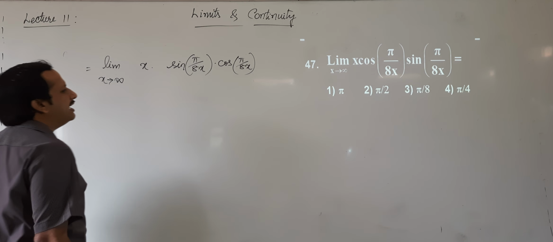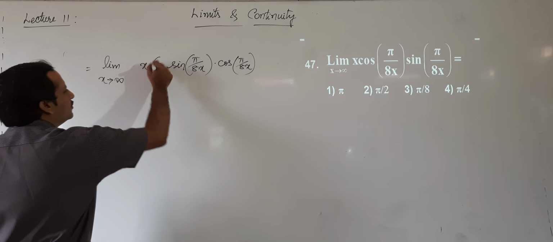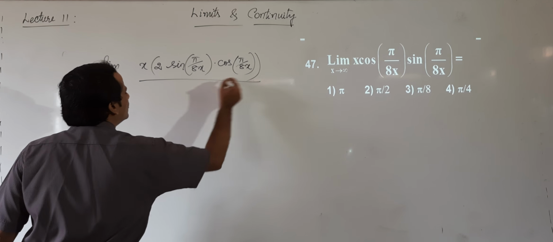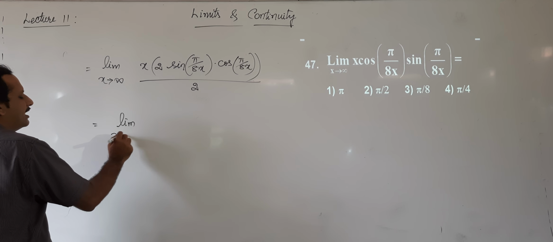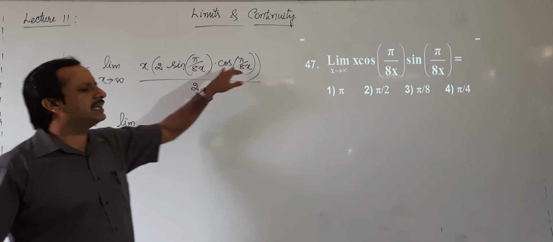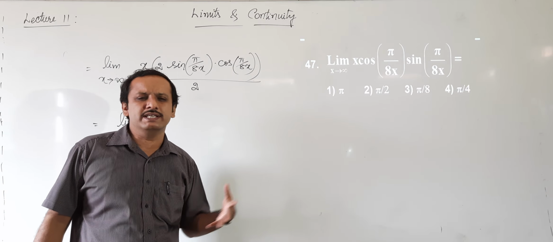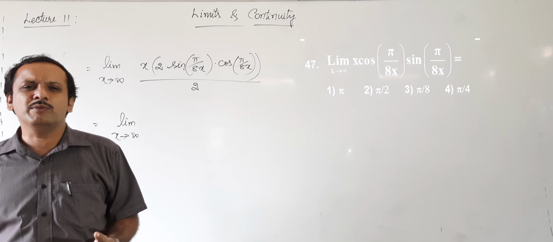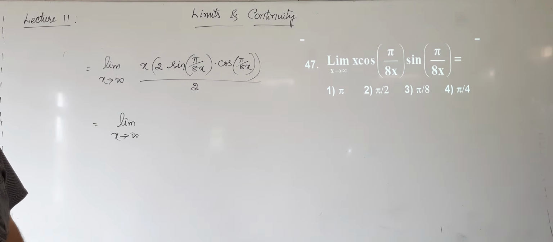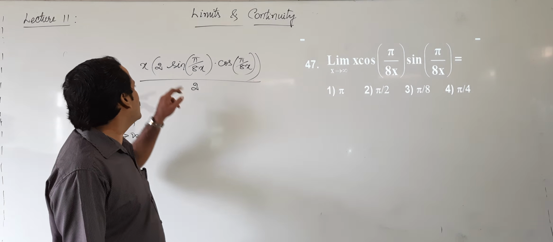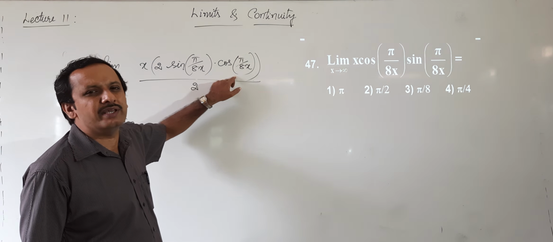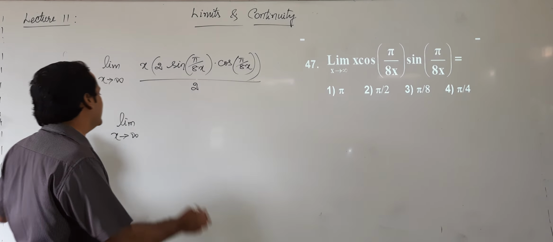Okay. And multiply and divide by 2. The reason behind multiplying by 2 is that here we had sin theta into cos theta. If I have another 2 there, it will be 2 sin theta cos theta. That 2 sin theta cos theta can be written as sin 2 theta, right? So 2 sin theta cos theta will be equal to sin 2 theta.